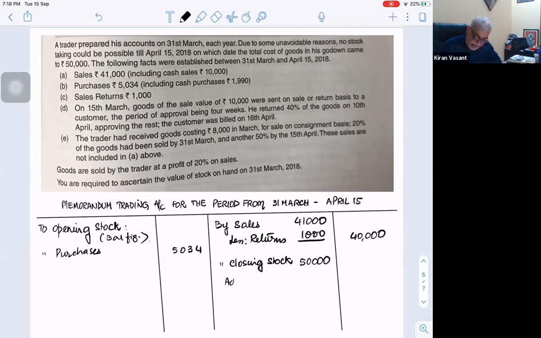I will add cost of goods lying with sale or return customers. How much is the cost of goods? 10,000. No, not 10,000.